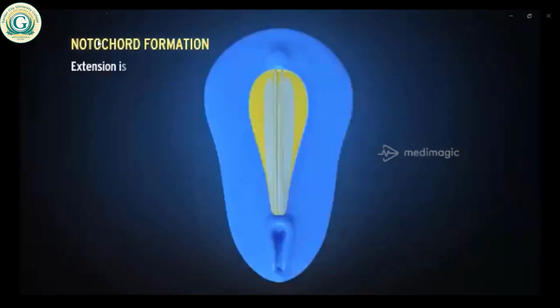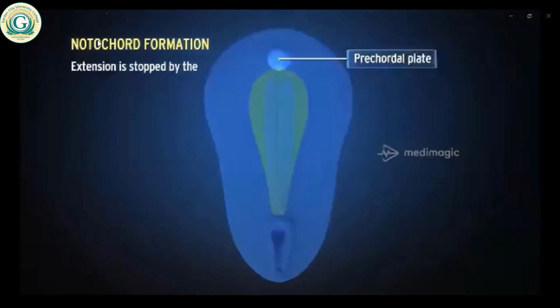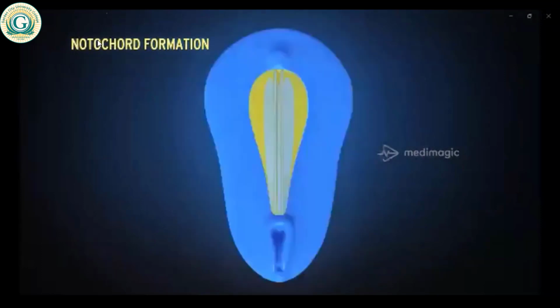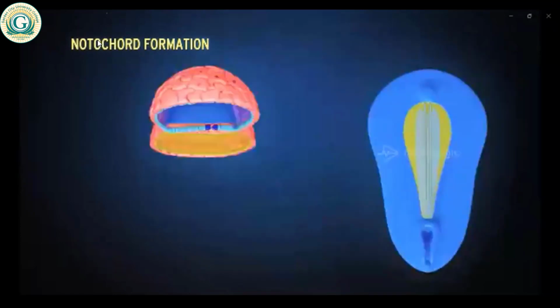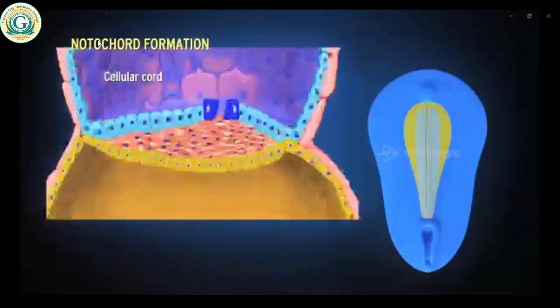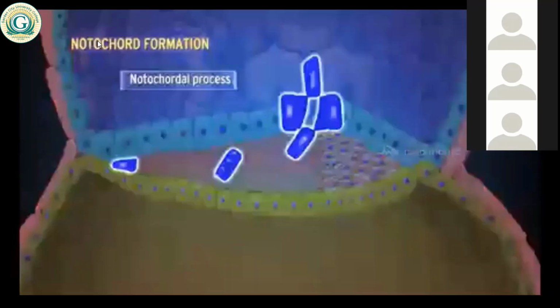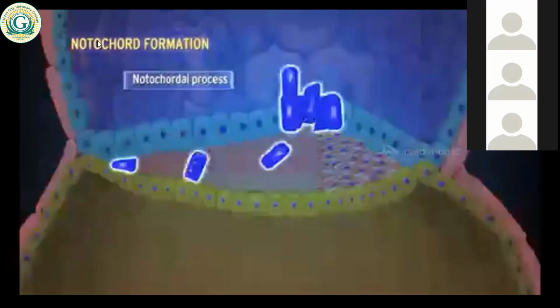This extension is stopped by the precaudal plate, which is a small circular area of columnar endodermal cells, where the cells of ectoderm and endoderm are fused together. This cellular cord, which extends between the primitive node and the precaudal plate, is known as the notochordal process.